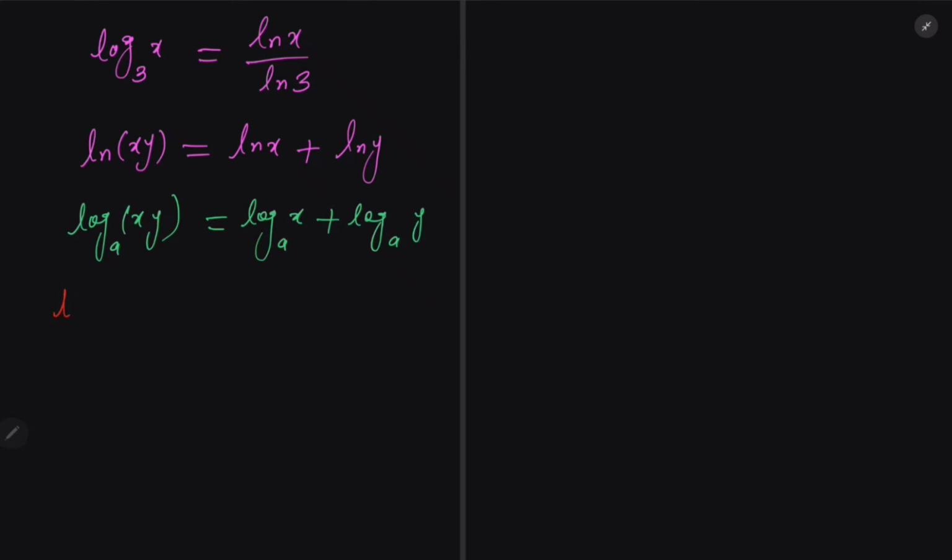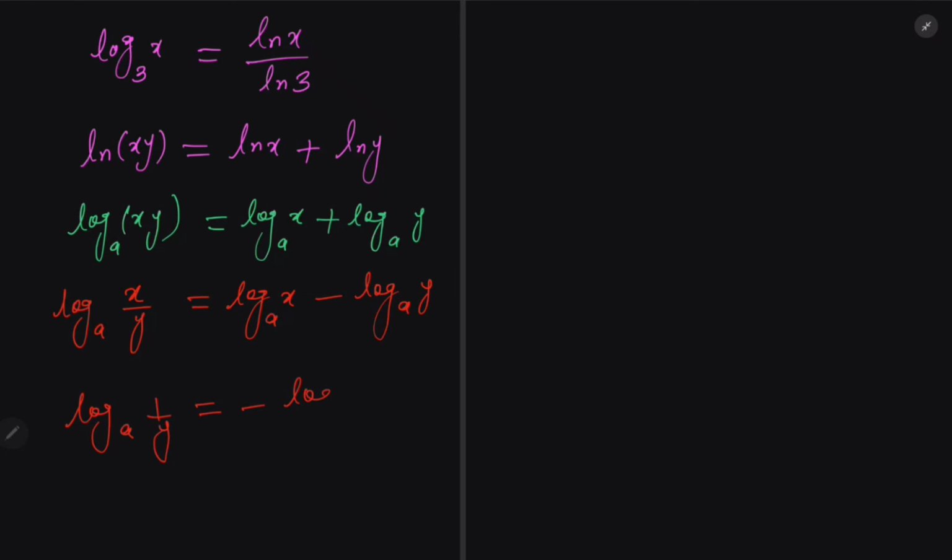And the quotient rule is log base a of x over y equals log base a of x minus log base a of y. And the reciprocal rule, I already did this for natural log, so simply I write it quickly.